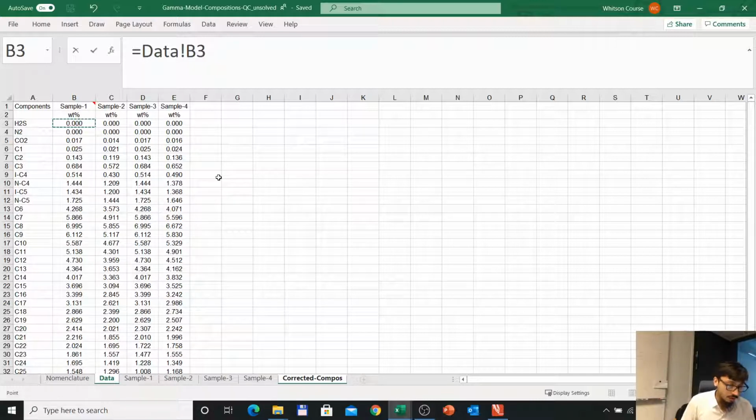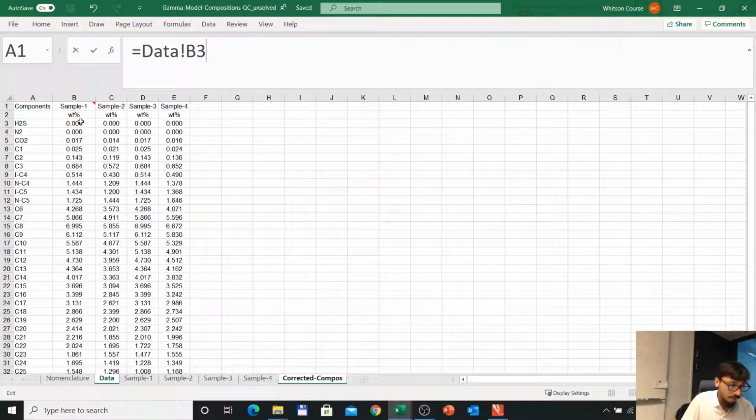But just to show you how we can calculate the corrected composition, take this composition here.